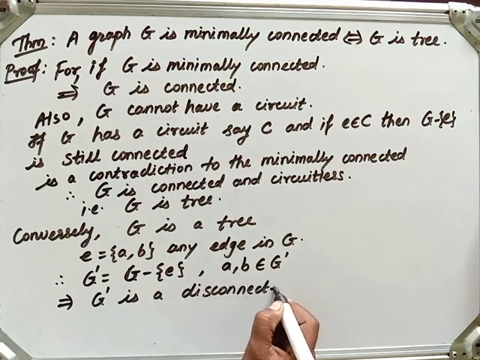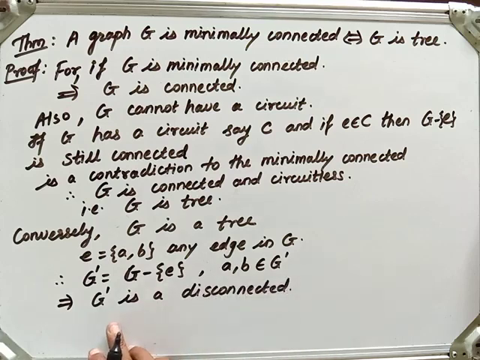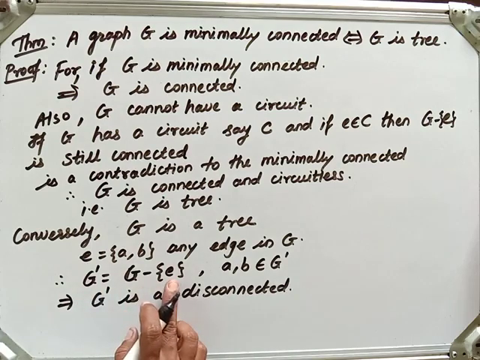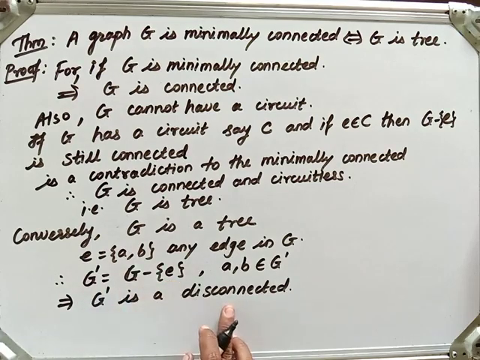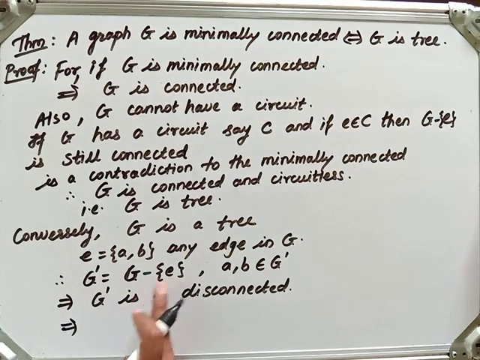As we have seen in the first property, if we form G dash by removing an edge, then it becomes disconnected with two different components, right? Same thing is here also. G dash will become disconnected, and if it becomes disconnected for any edge, then that is what? Minimally connected. Therefore G is minimally connected.